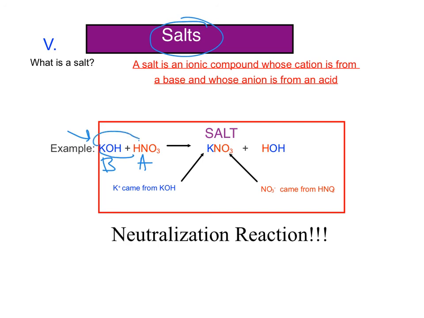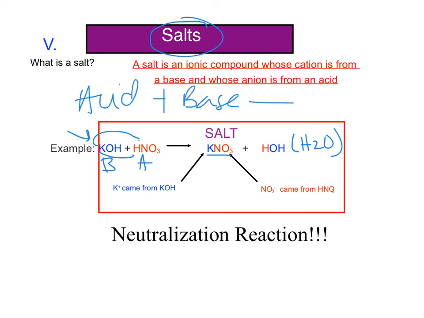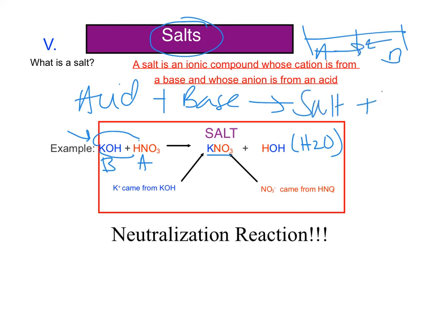The two cations swap places, so K goes with NO3 and HOH, also known as water. So sometimes it sounds scary, like, oh, what happens if you mix an acid and a base? Well, because acids and bases are on two different ends of the spectrum, they meet in the middle and they make a salt, as well as water.